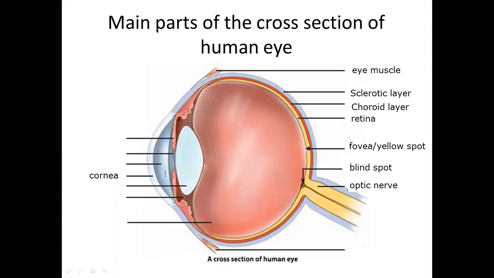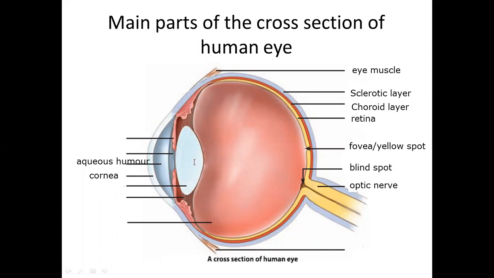The liquid filling the space between the cornea and the lens is what you call the aqueous humor. This part is also transparent. Now this is the lens in our eyes.